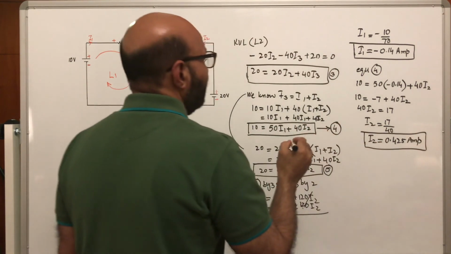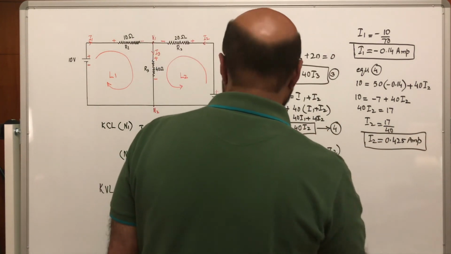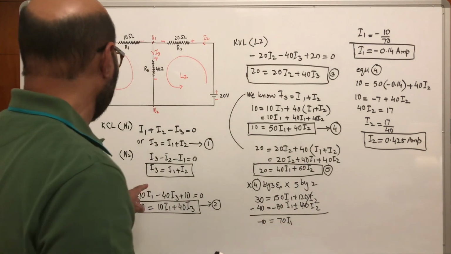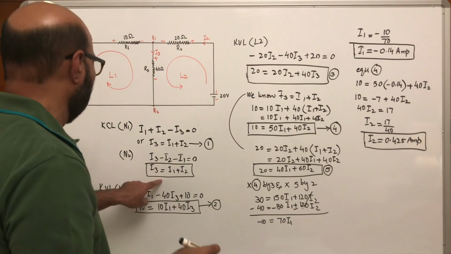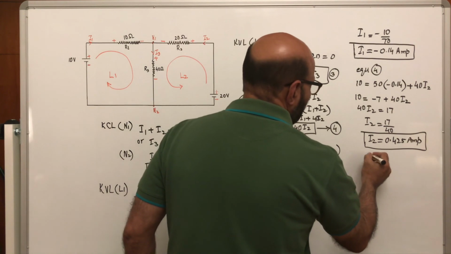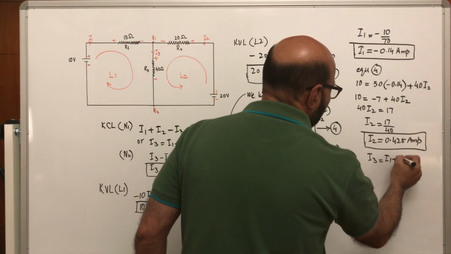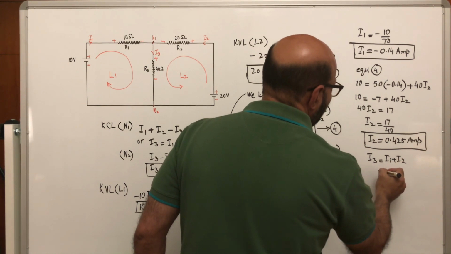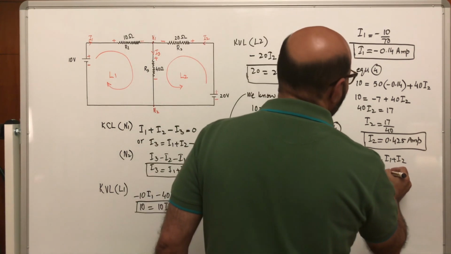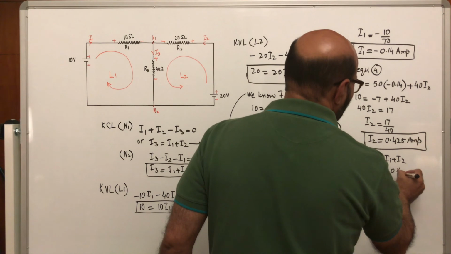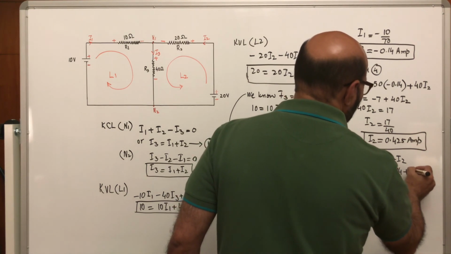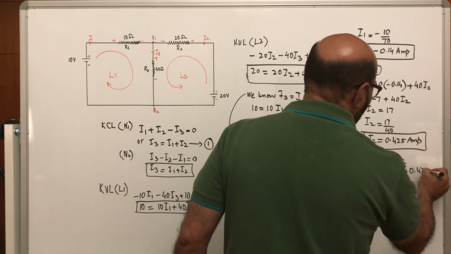Now we can place the value of I1 and I2 to calculate I3. I3 is equal to I1 plus I2, which is minus 0.14 plus 0.425.